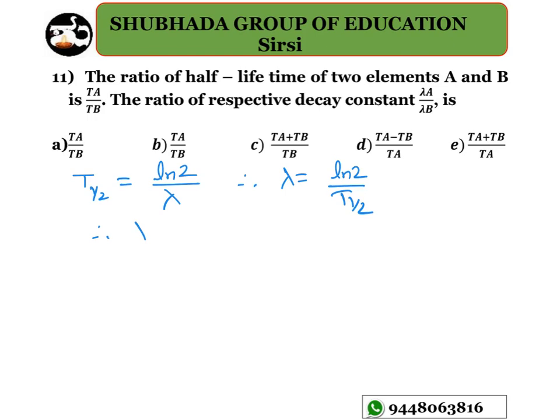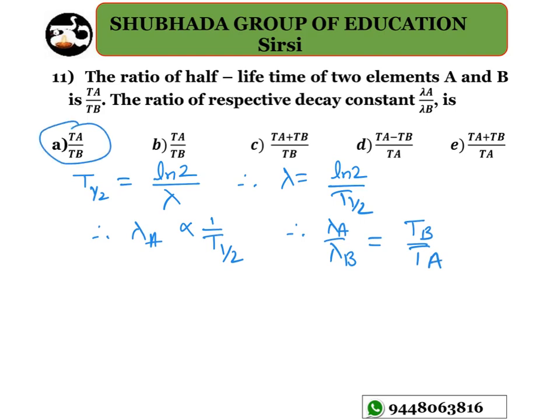So lambda is inversely proportional to the half-life. That's the reason we can directly say that lambda A divided by lambda B must be equal to Tb divided by Ta. So Tb by Ta, that is option A, the right answer for this question.